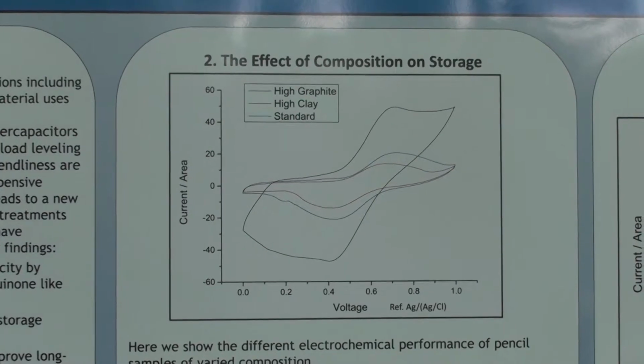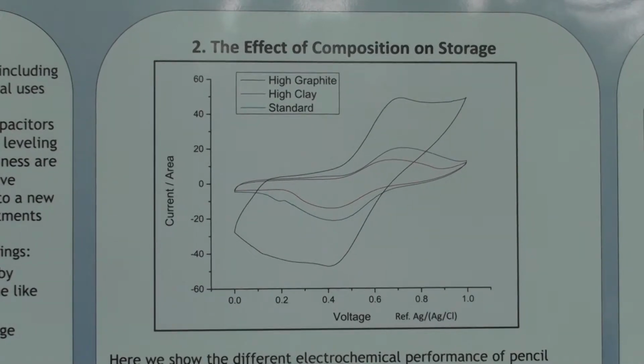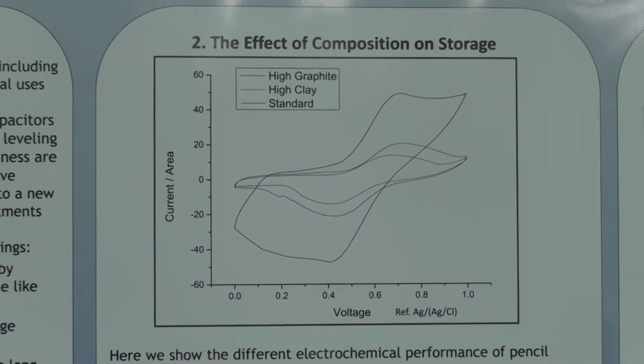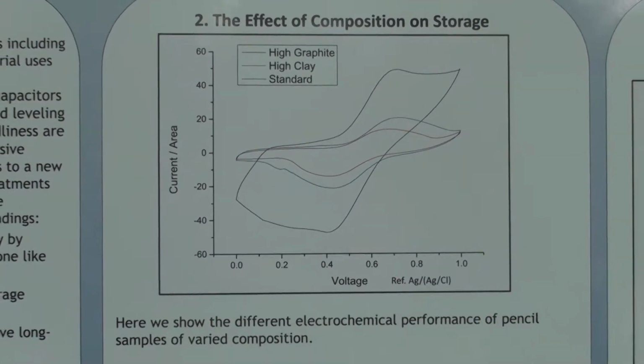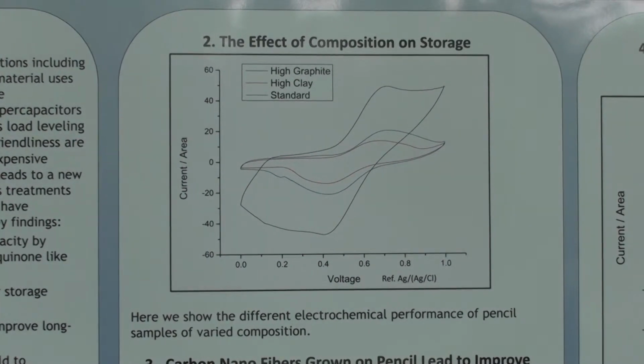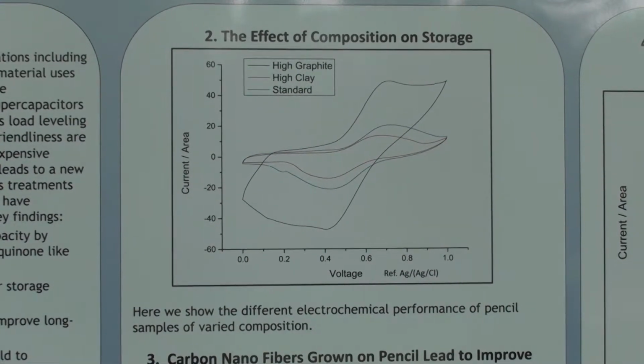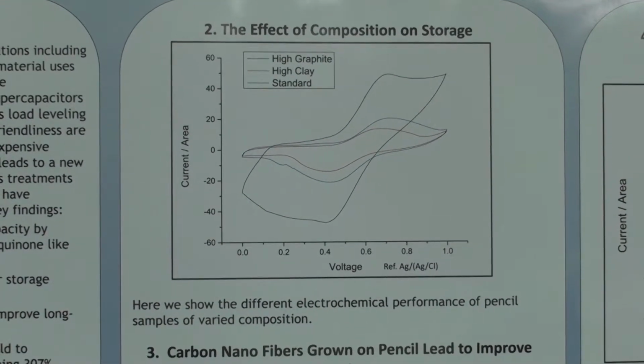So your standard number 2 pencil has a certain ratio of clay to graphite so that it can appear on the standardized tests. So what we did is we got drawing pencils that have a higher graphite content and they're softer. And we also got higher clay ratios, which are a little bit harder and a little bit lighter.